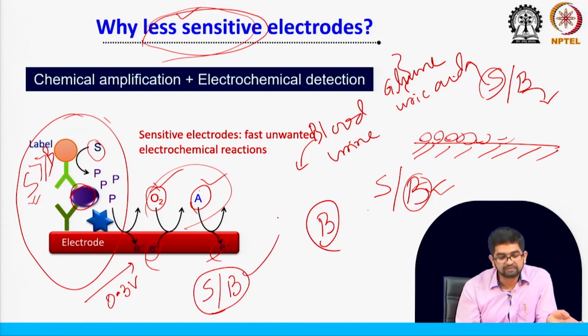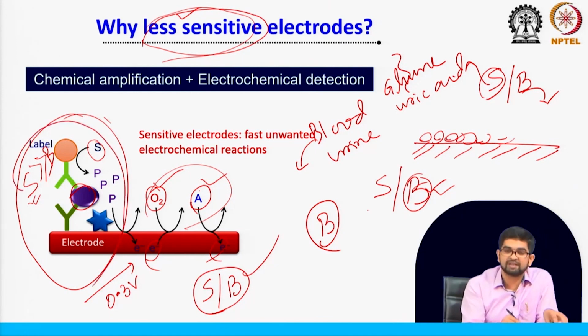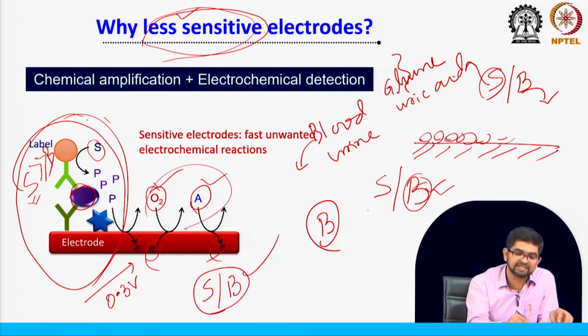Clear? Now in the next slide I will teach you how this part, the chemical reaction part, we can easily design so that we get fast reactions, because this part is important also. The signal part is important, and we have to focus here.